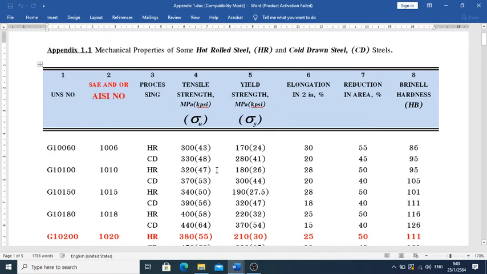Let me explain hot rolled steel and cold drawn steel first.